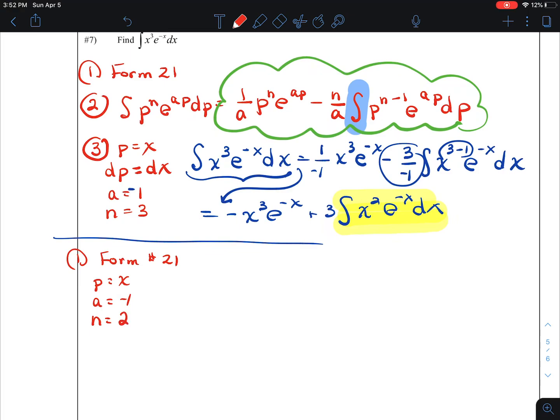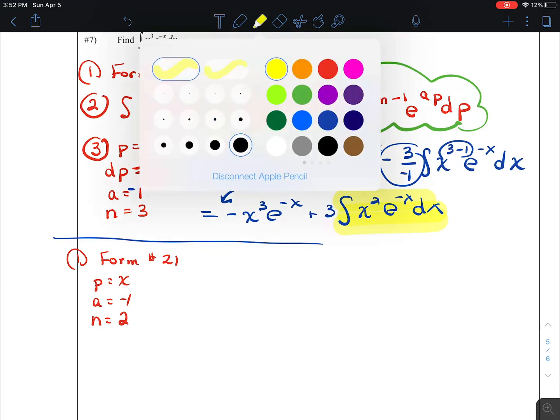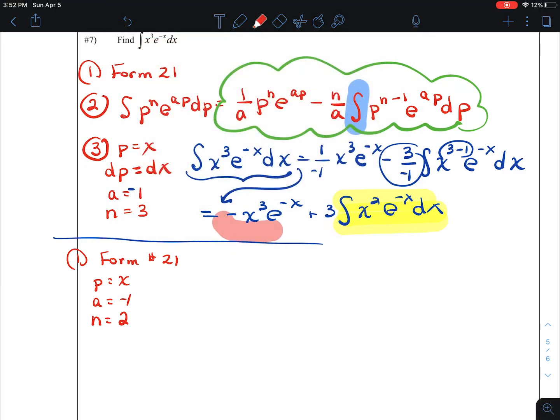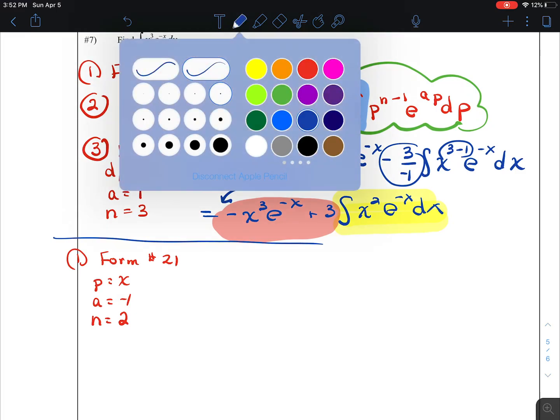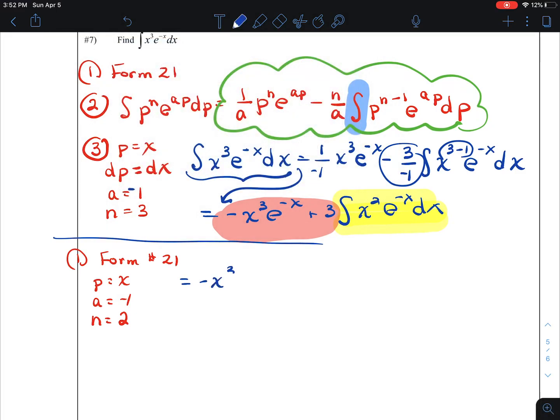Now, you're going to take this part right here that comes in front and copy that down right here. When you get to the integration symbol, you're going to put a big set of brackets, and this is where you apply the right side of formula 21 for this part here.